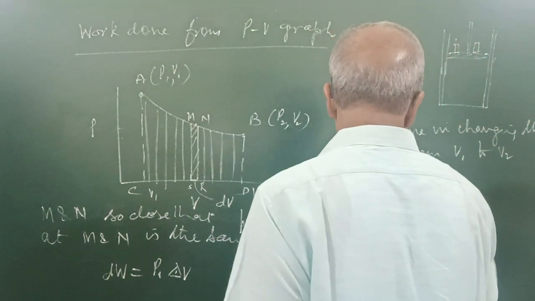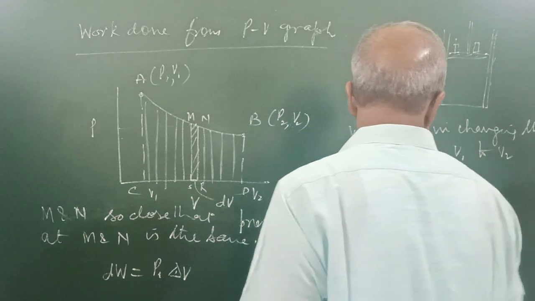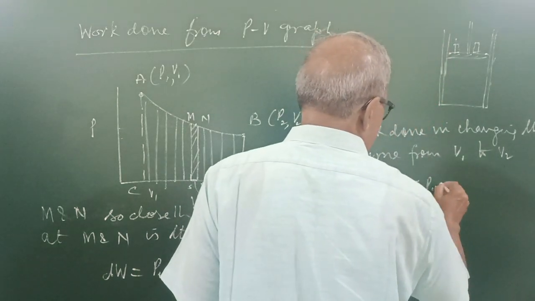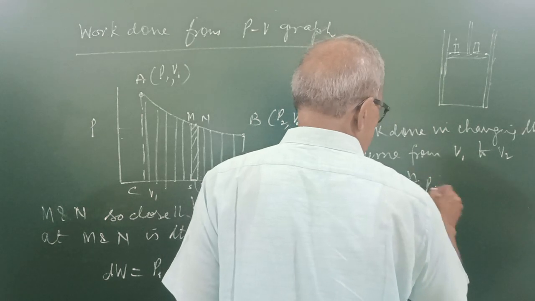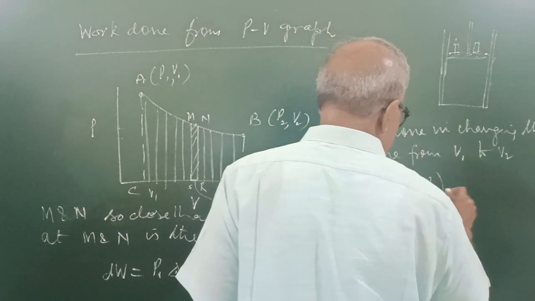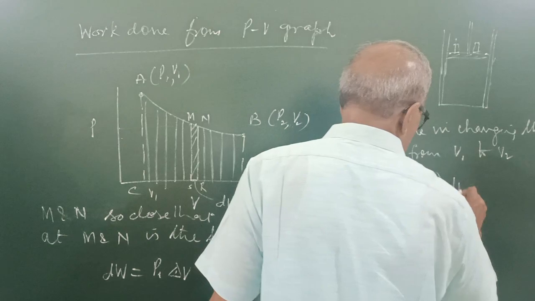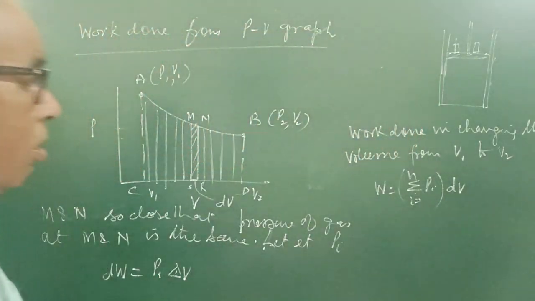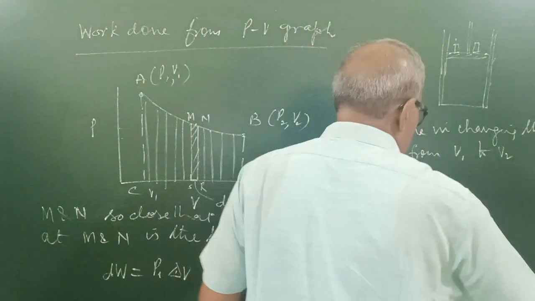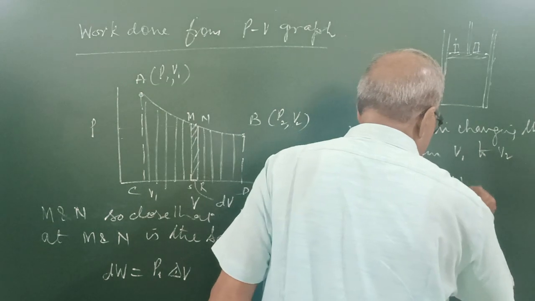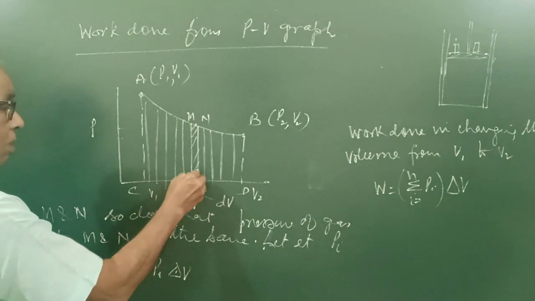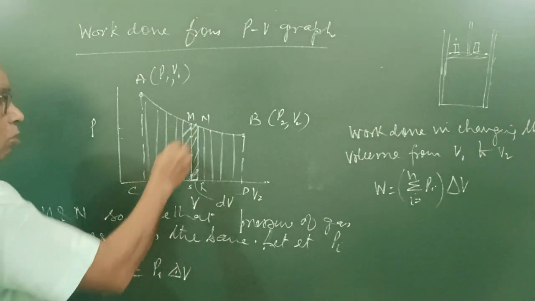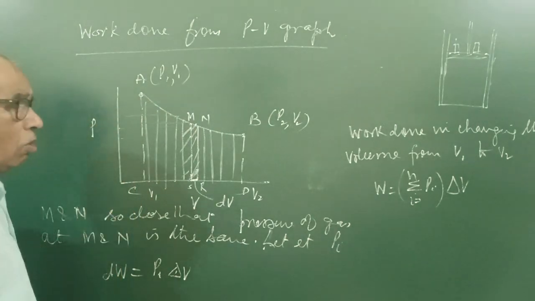W is equal to the summation of Pi dV, i equal to 1 to N. Here delta V is the same, the width of all strips is the same, only the pressure will change.